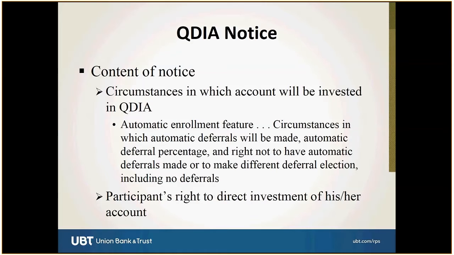And if you have an automatic enrollment feature, then incorporated into the QDIA notice or provided alongside of the QDIA notice should be information given to the participant under which the circumstances of when automatic deferrals are going to be made, what that automatic deferral percentage is, and again, the right not to have automatic deferrals made to the plan, including the right not to have any type of deferrals made to the plan.